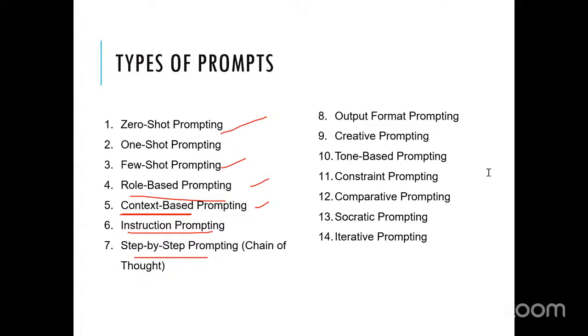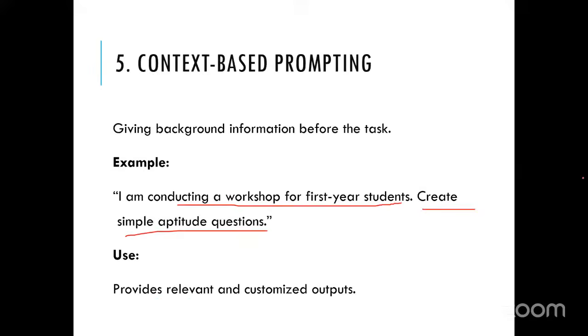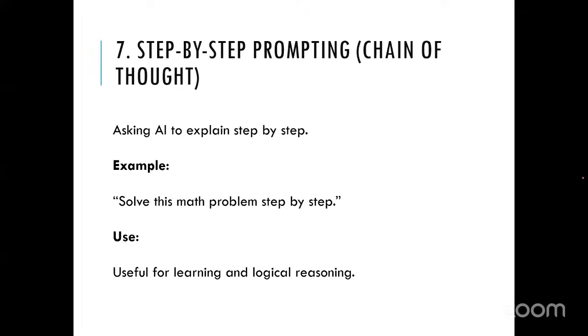Step by step is like iterative prompting? What is the difference between step by step prompting and iterative prompting? Step by step prompting means it is a chain of thought. I'll show you with an example, then you can understand. See, solve a mathematical problem step by step.